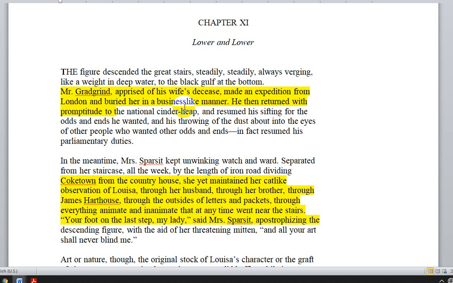It was not a kind of mourning and sadness and crying and paying attention to his wife. He then, after burying his wife, returned with promptitude, with speed, to the national cinder heap and resumed his sifting for the odds and ends he wanted. That is, he went back to his work in London. It shows that this man does not have any kind of emotions, even for the closest person in his family, his wife.